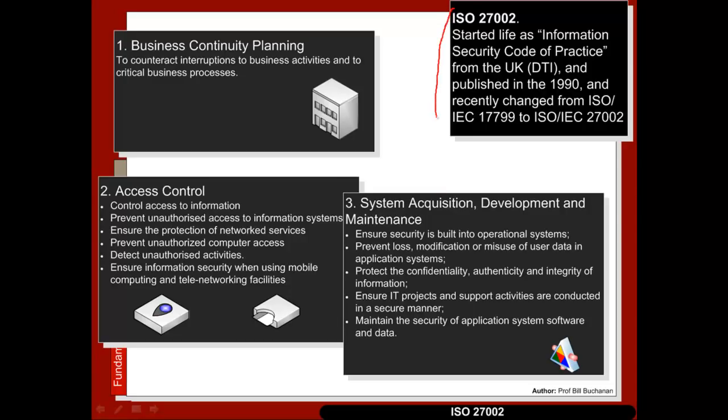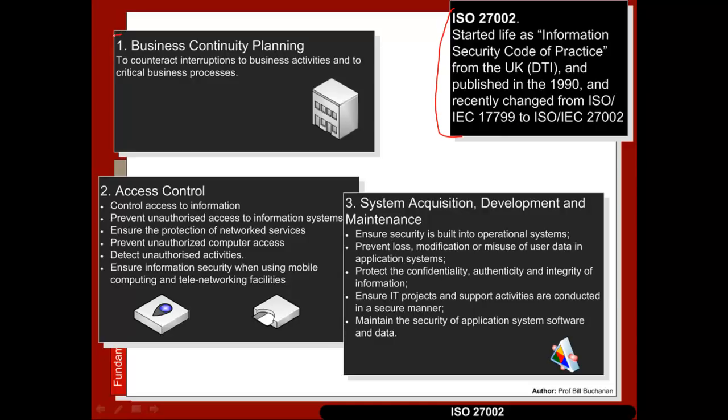Another important standard related to security started life inside the UK as a BS standard, but has now been standardised on an international basis as ISO 27701 and ISO 27702.